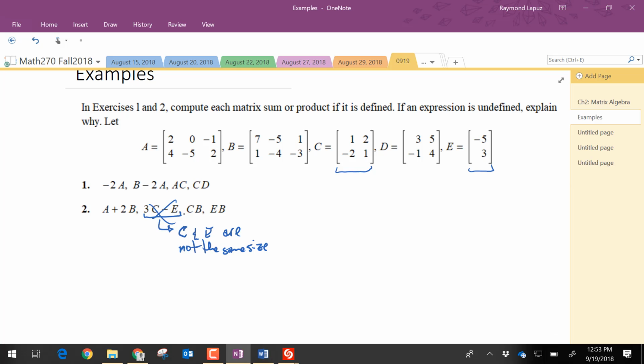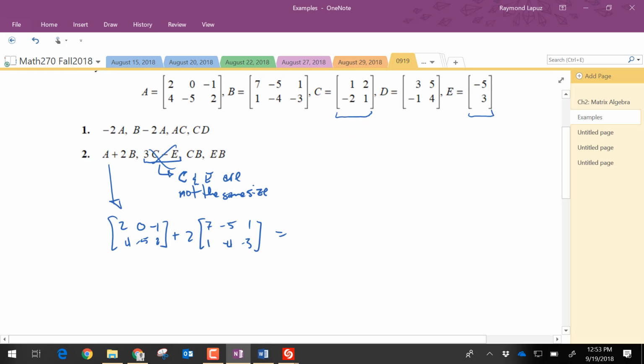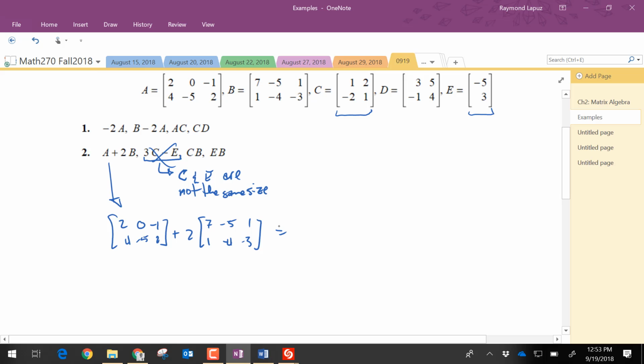So something like A plus 2B is something that we can do. If we take a look at A, 2, 0, minus 1, 4, minus 5, 2, plus 2B, 7, minus 5, 1, 1, negative 4, negative 3. And that is something that we should be able to combine. So I would scalar multiply first, and so that doubles everything inside.